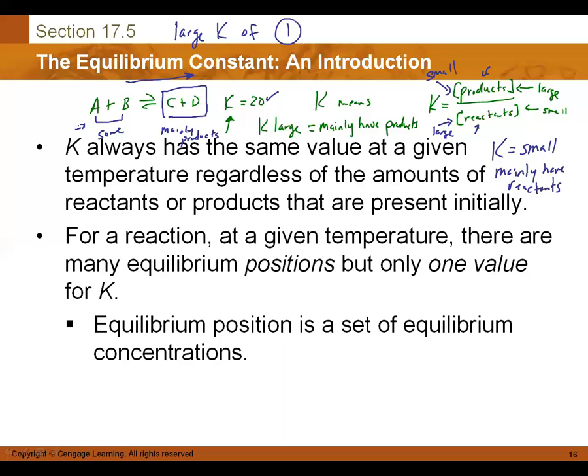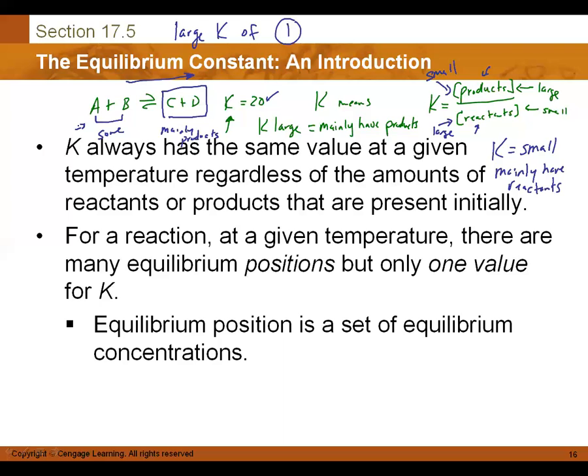For example, if you had a K value of 1 times 10 to the 30, pretty much almost everything is on the product side. But if you did a calculation, perhaps you would find that on your reactant side you have a concentration of like 1 times 10 to the minus 18, which is essentially 0. and then 17 zeros and a 1. So you don't really have much on the reactant side, but technically speaking, you still have just a smidge there.